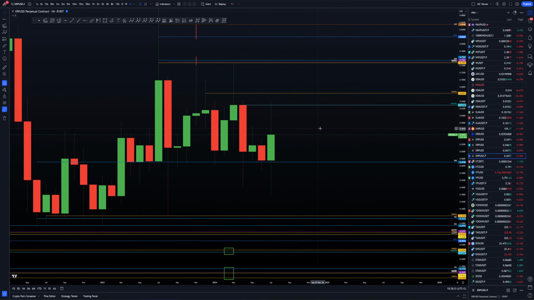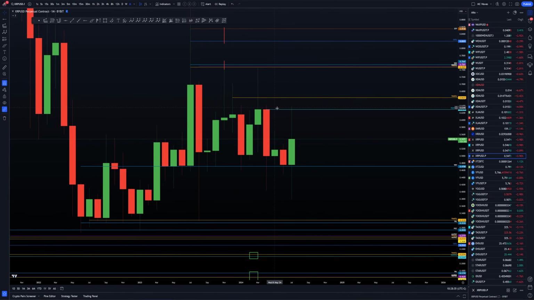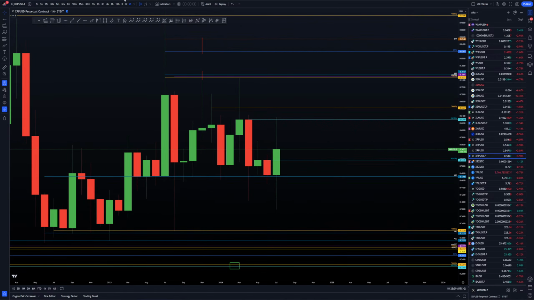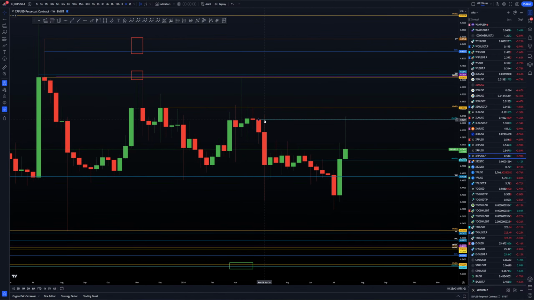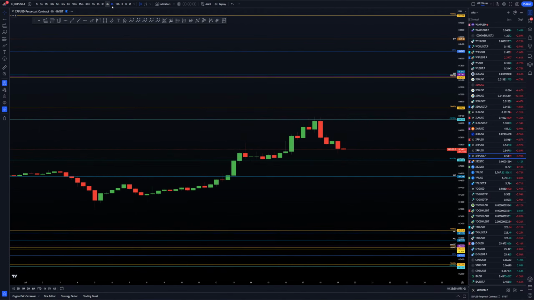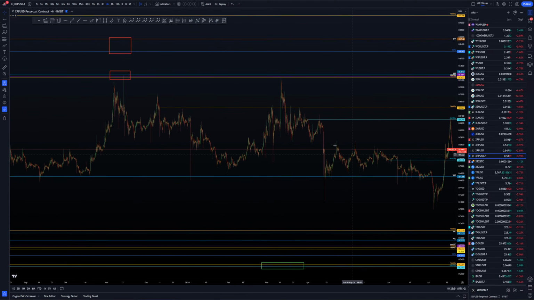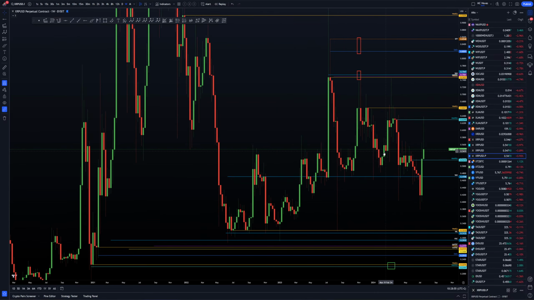So now let's continue with this. So we've got a monthly there. It can be a flip to support now. This is important to keep on the chart. We've got here, this was already hit, this was a lovely resistance before, so I'm gonna keep that for the moment.